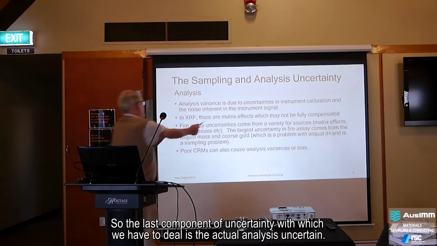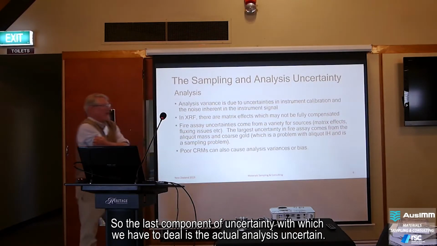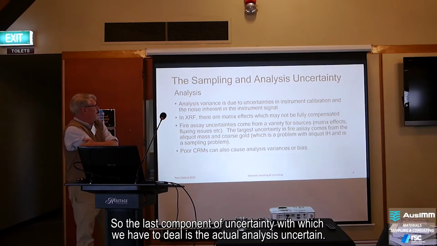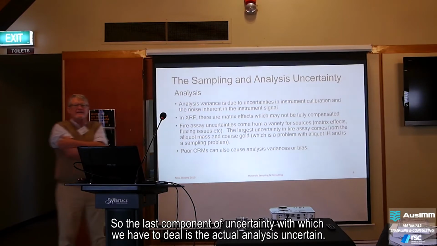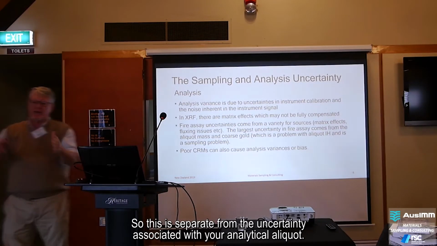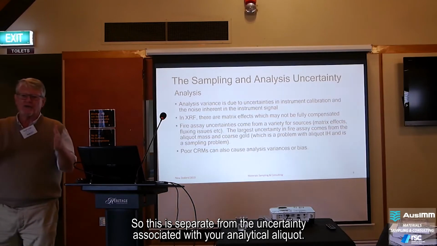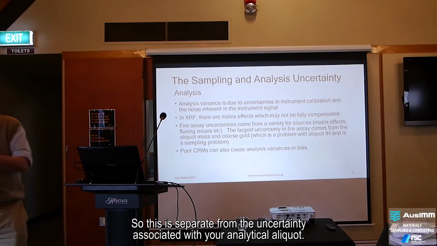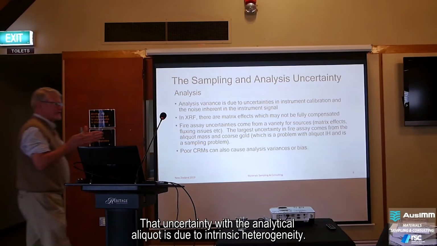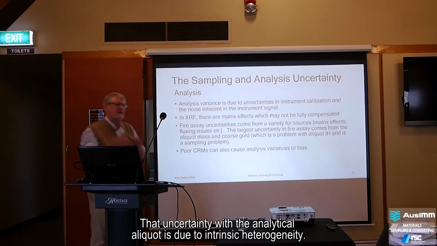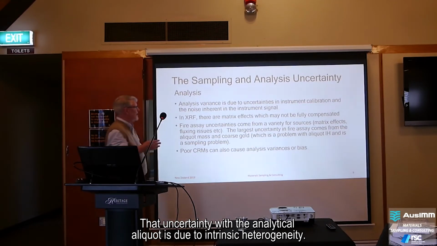So, the last component of uncertainty with which we have to deal is the actual analysis uncertainty. So this is separate from the uncertainty associated with your analytical aliquot. That uncertainty with the analytical aliquot is due to intrinsic heterogeneity.